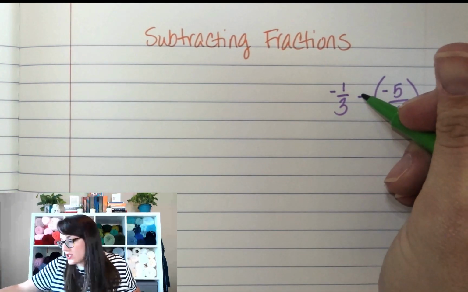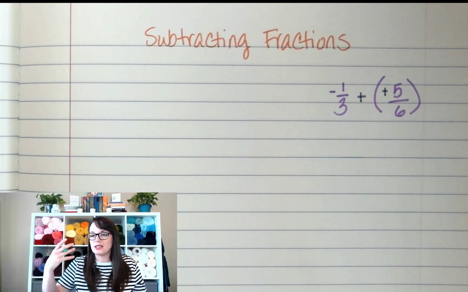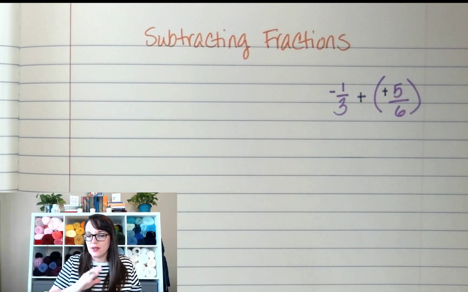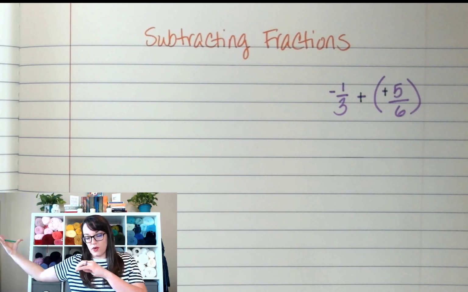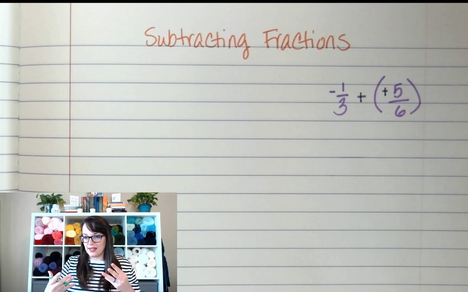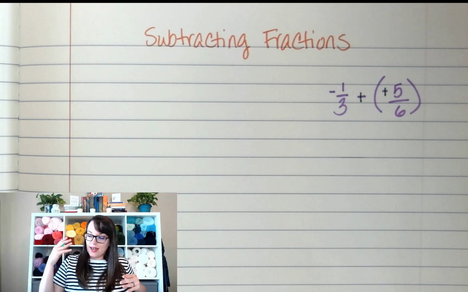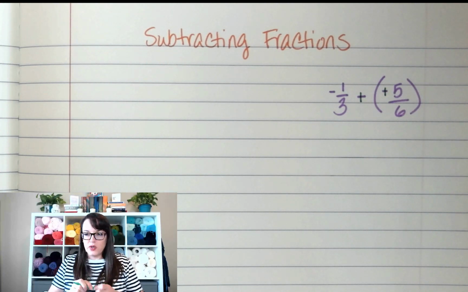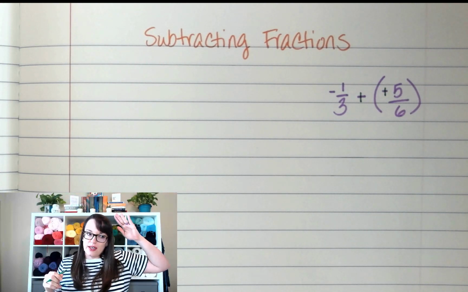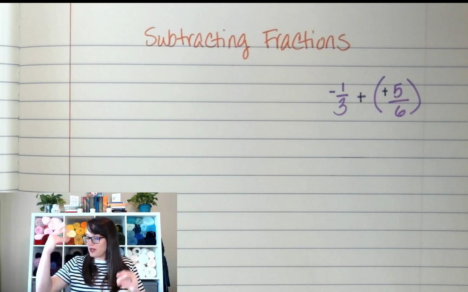So we're going to change this to adding a positive, because taking away negatives makes the number greater overall. If we add negatives, it makes the number less, and if we take away negatives, it makes it go up. It's like debt. If you owe money, you have negative money, and if you take away debt, then you have more money.